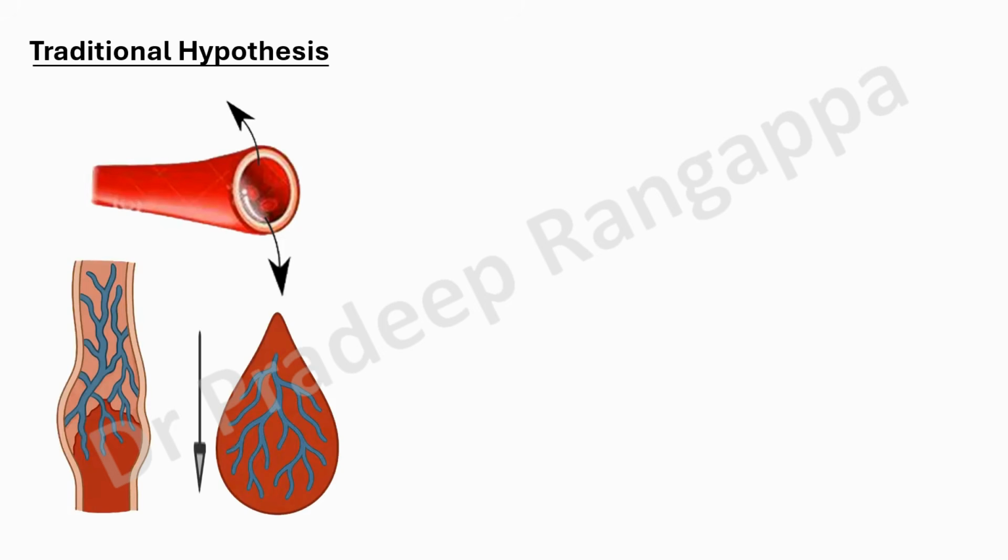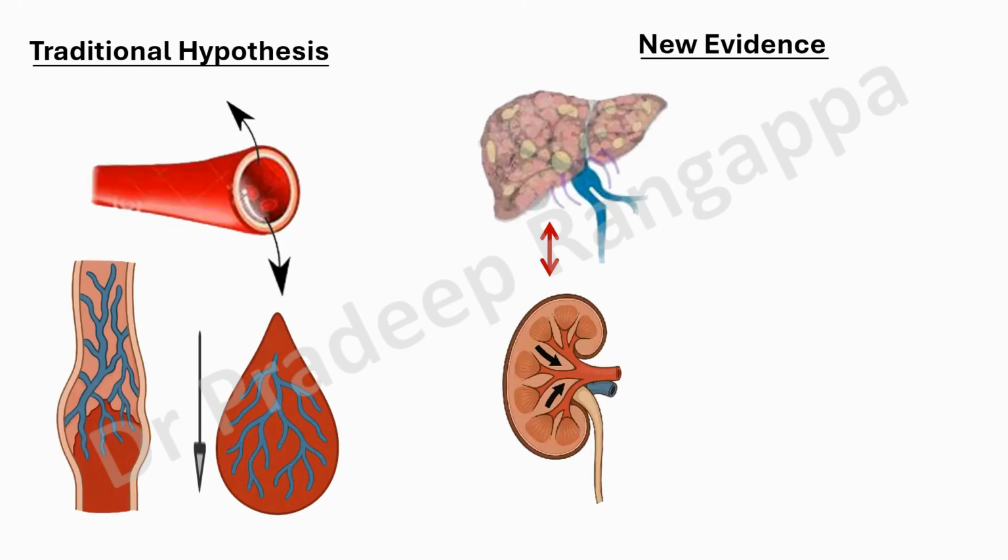Currently, the new hypothesis is, as I said, that there is more of renal vasoconstriction, and the emphasis has shifted to immune dysfunction that happens in cirrhosis of liver with portal hypertension, which acts as a trigger for acute kidney injury. And this portal hypertension leads to certain peptide changes, which can also contribute to this acute kidney injury.